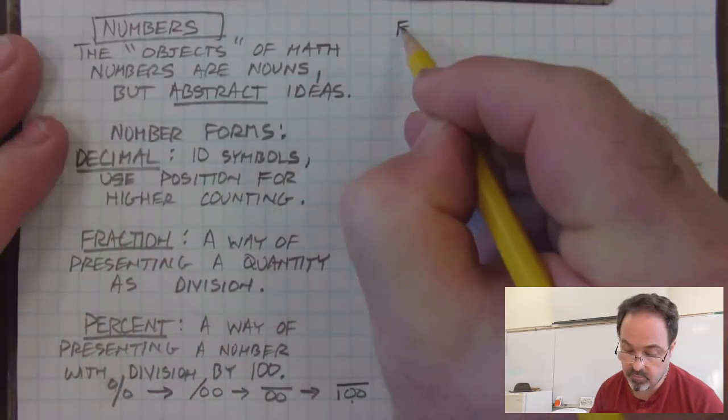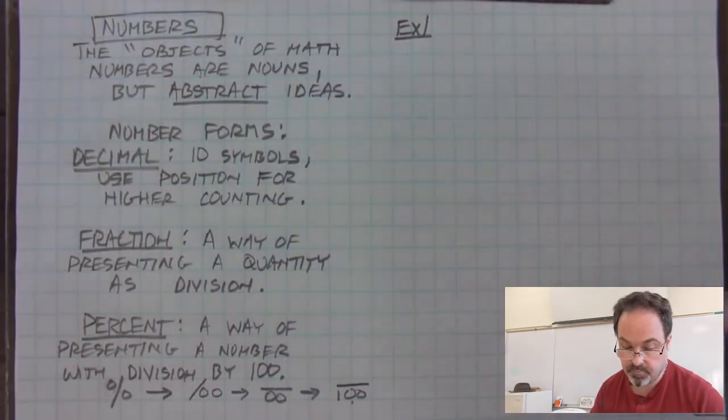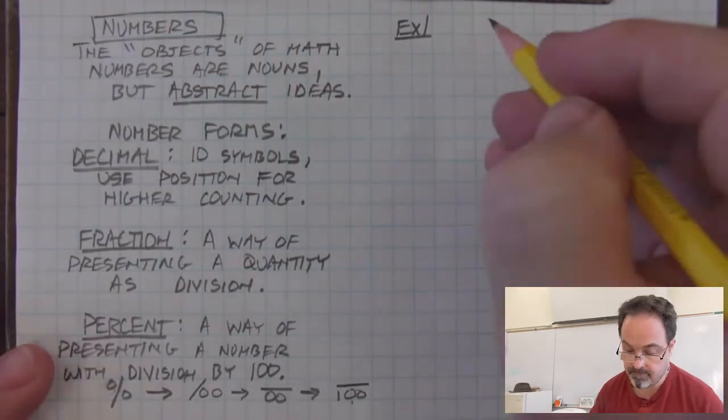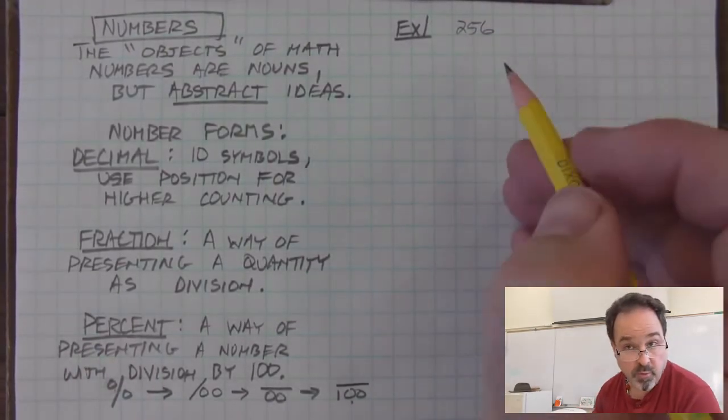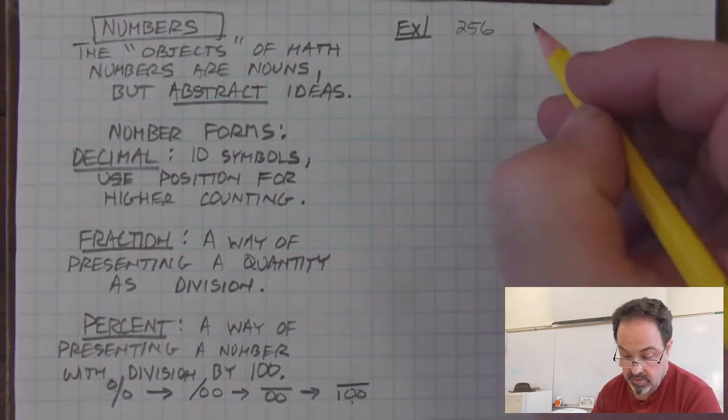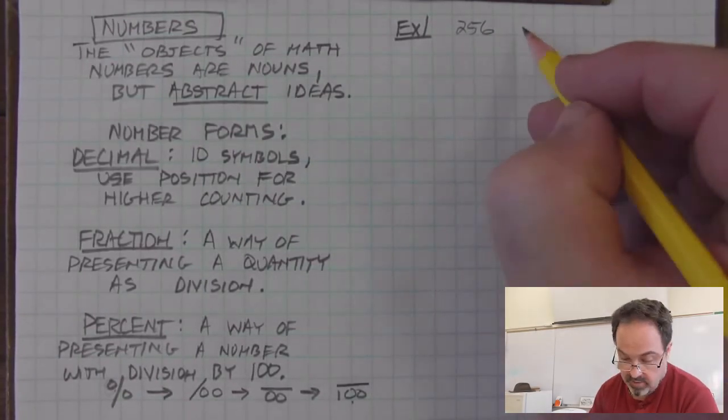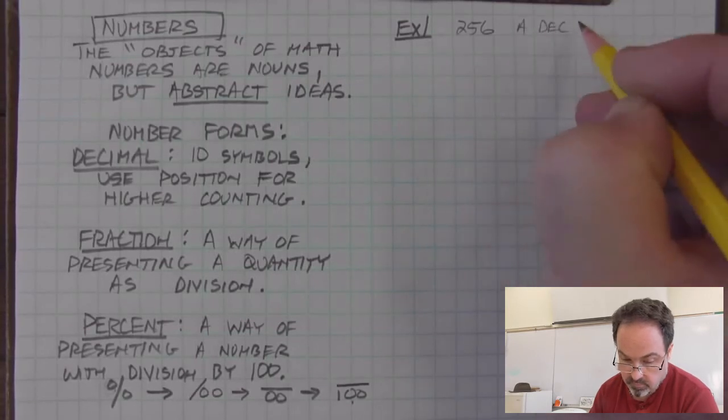Let's give some examples of these number forms. I could think of the number 256. What form is it in? It is in decimal form. This is a decimal number.